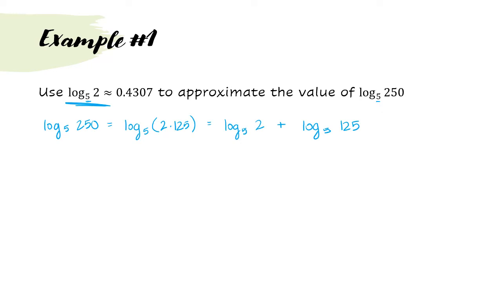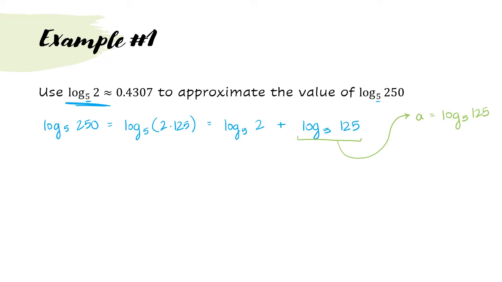Remember, let's rewrite log base 5 of 125 in exponential form off to the side. Let's say some variable, I'm just going to say a, is equal to log base 5 of 125.